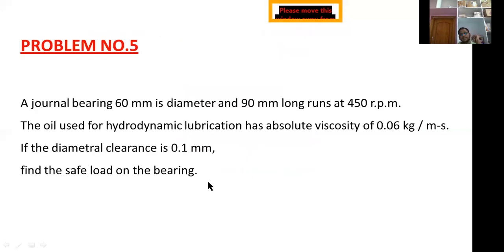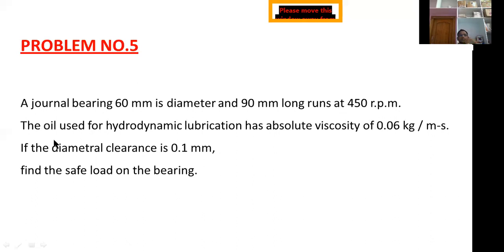Now the last problem in this session is this one, problem number 5. The given question is: a journal bearing 60 mm in diameter and 90 mm long runs at 450 rpm.